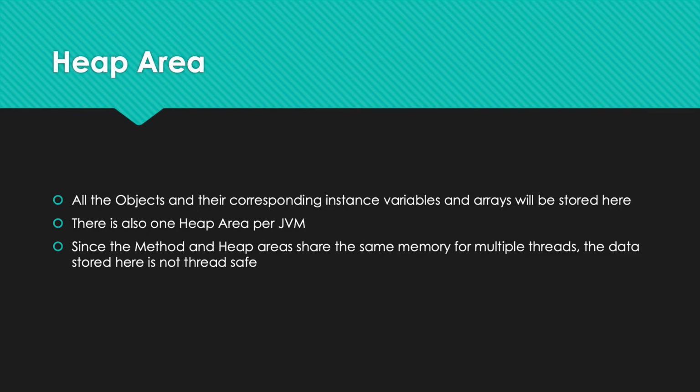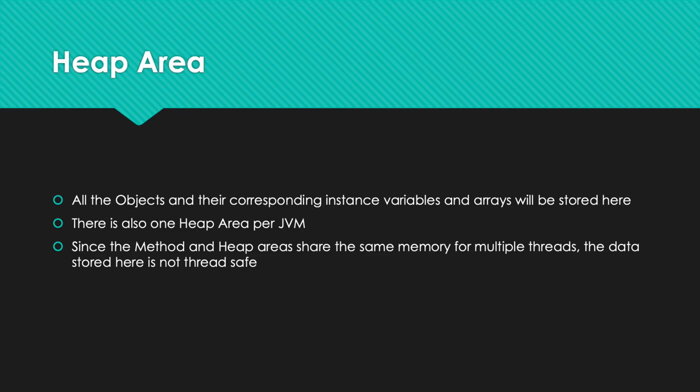Right. So next we'll move on to the heap area. This is one of the main components, I would say, which most of us might come to work with in case of any memory leaks or anything. This might be one of the things which everyone should be aware of. This is where all the objects with their instance variables and arrays will be stored.